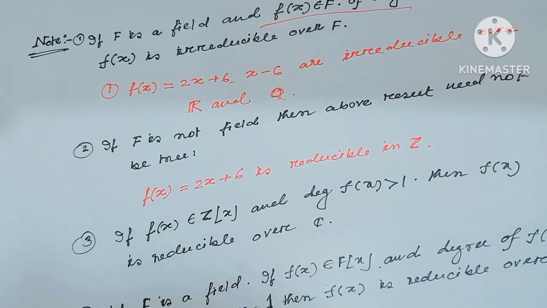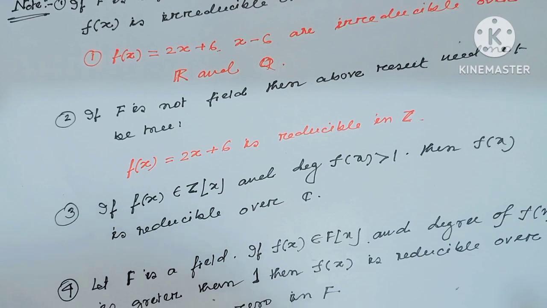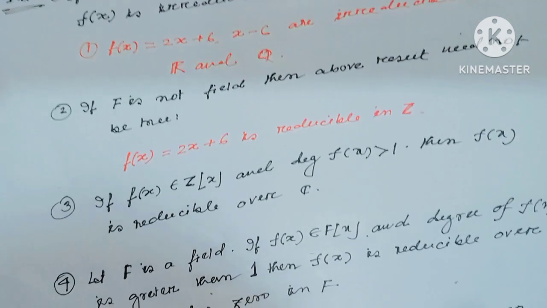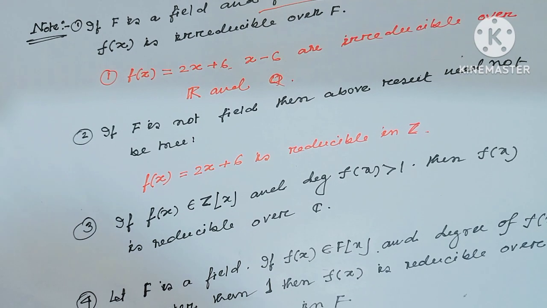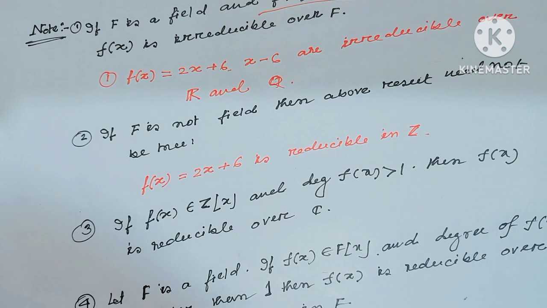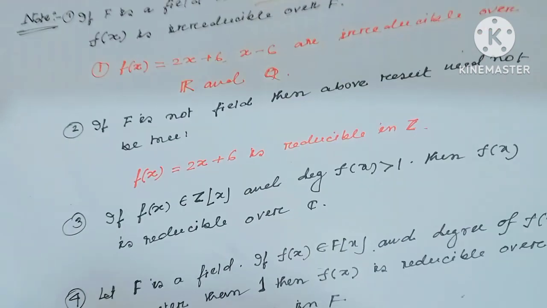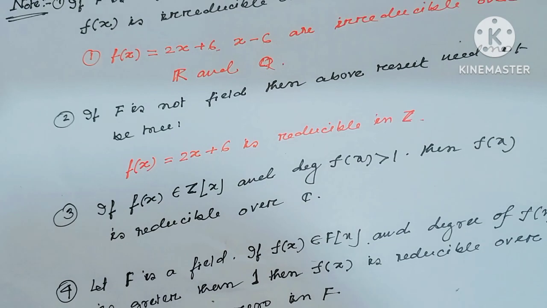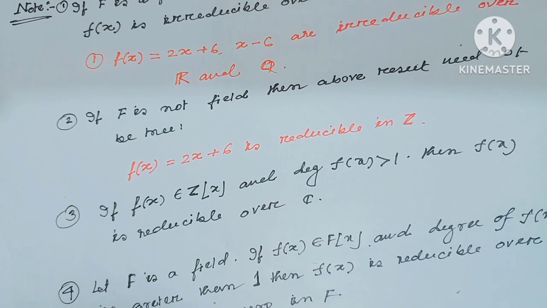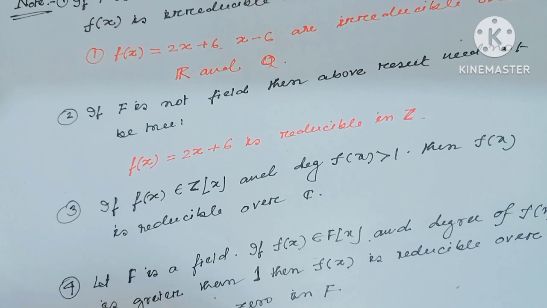That means all linear polynomials are irreducible over a field, but this is not always true when F is not a field.